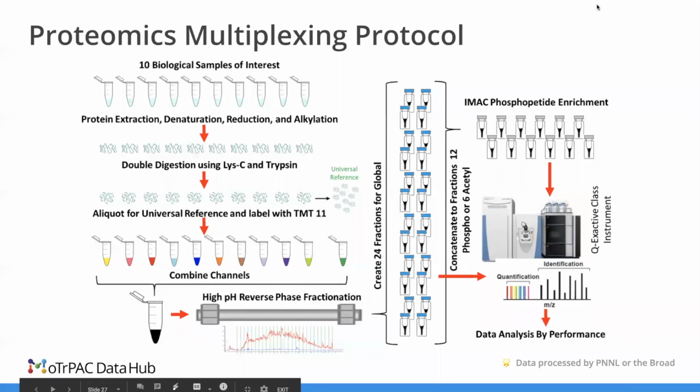We used Q-exactive class instruments. We then perform data analysis, which produces peptide identifications as well as the quantification information in the same slide. The data is processed by the Broad or PNNL independently prior to being put into the data repository.